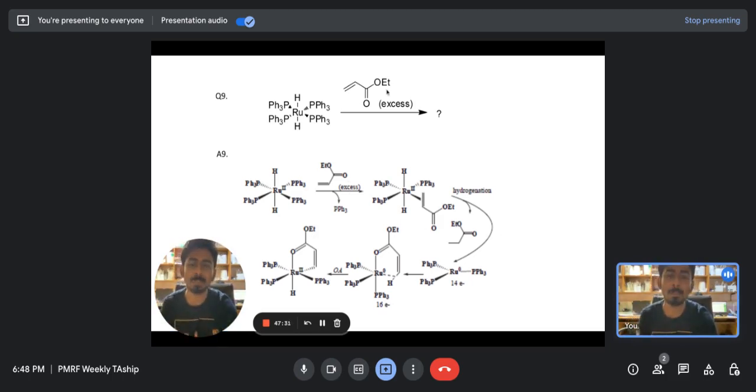We are putting in an excess amount of the alpha beta unsaturated carbonyl compound. Now one of the carbon hydrogen groups and the oxygen group gets bound to the ruthenium 0 center. I have already told you that low oxidation state metals are very prone to donating electrons to the sigma bond of the CH bond. Now it is an sp2 CH carbon. Both kinetic and thermodynamic preferences favor this CH bond getting oxidatively added to the low oxidation state metal center.